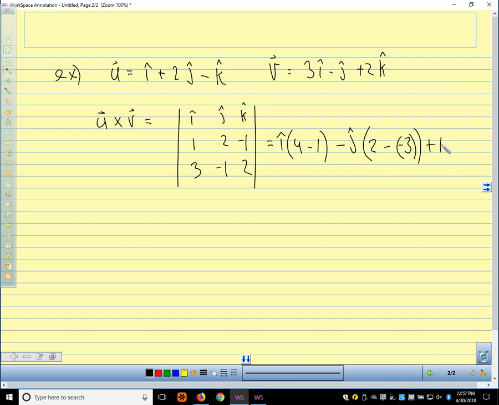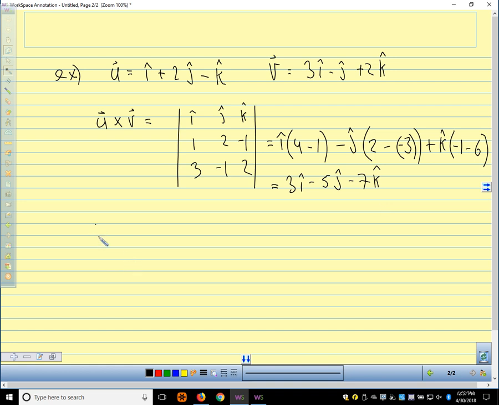And then plus k hat, cross out that column and that row, and we get negative 1 minus 6. We simplify this, and we get 3i hat minus 5j hat minus 7k hat. So there's our cross product.